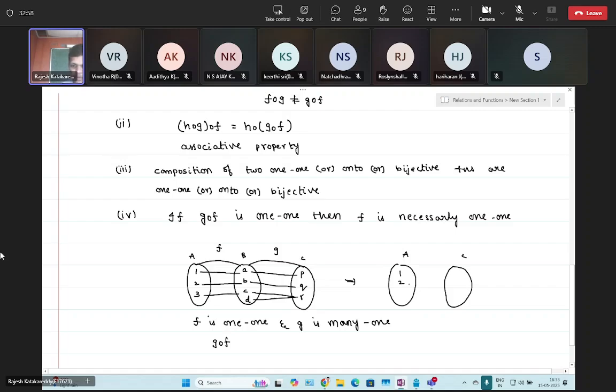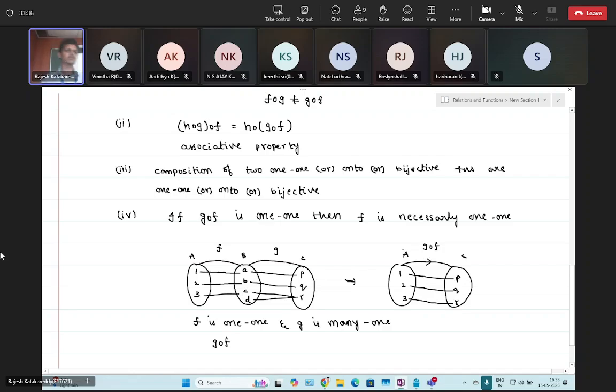So 1, 2, and 3. 1 is mapping to A, which takes that one to P. 2 is mapping to B, which takes that one to Q. 3 is mapping to C, which takes that one to R. So this function over here is 1-1. It is not necessary that when the composition is 1-1, both should be 1-1. Clear? Understood?